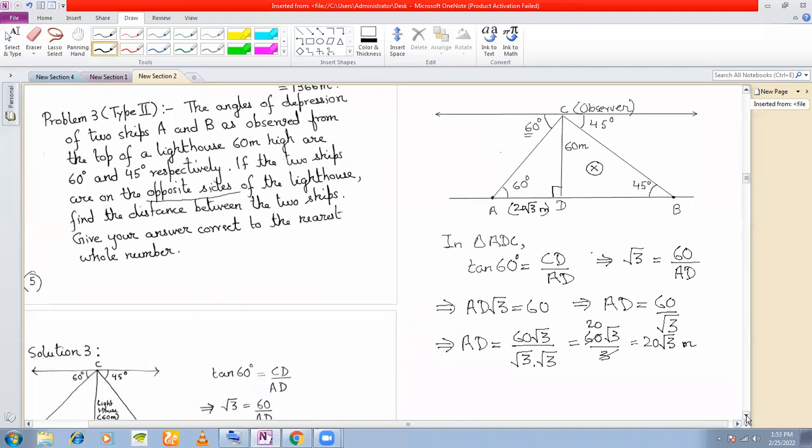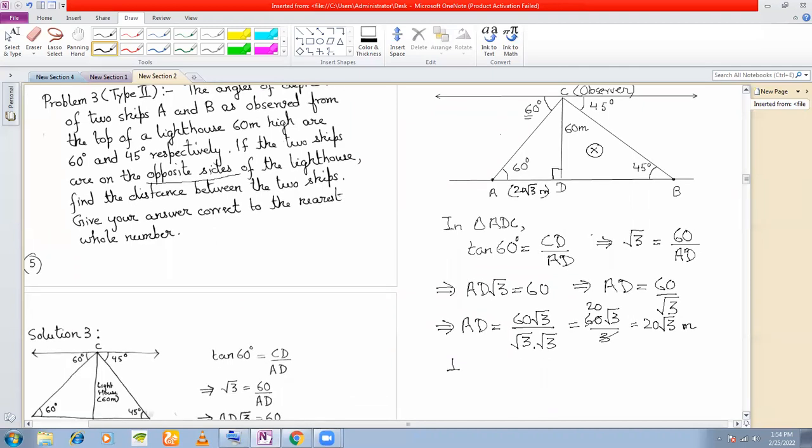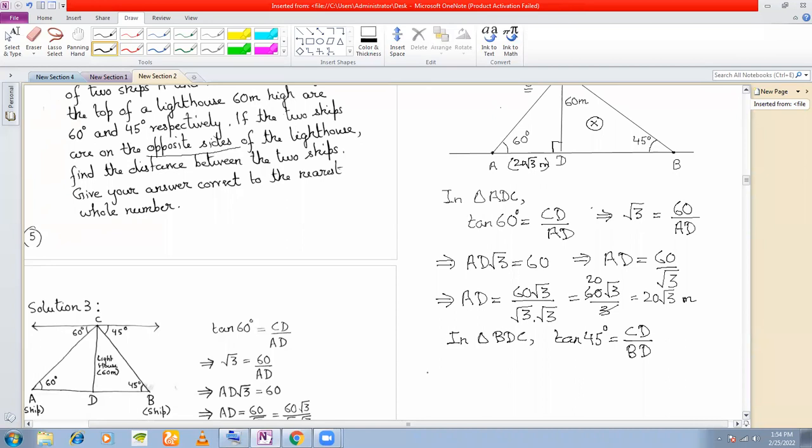Now we'll consider this right angle triangle. So in triangle BDC, again use tan 45 degree is equal to CD divided by BD, perpendicular by base. Tan 45 is 1.